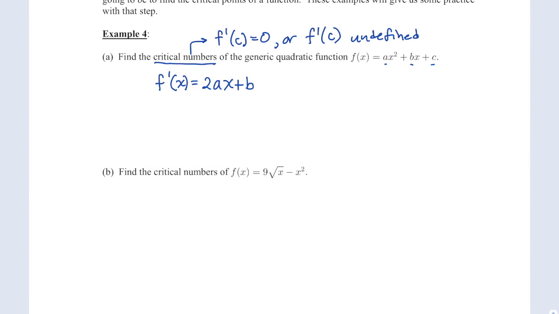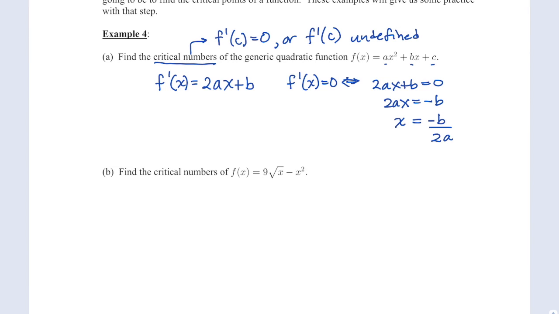Right? So I want to know, where is the derivative 0? And we'll say the derivative is 0 if and only if 2ax plus b equals 0. And I want to know which x value it is where that occurs. So I would have 2ax equals opposite of b, and x equals opposite of b over 2a.